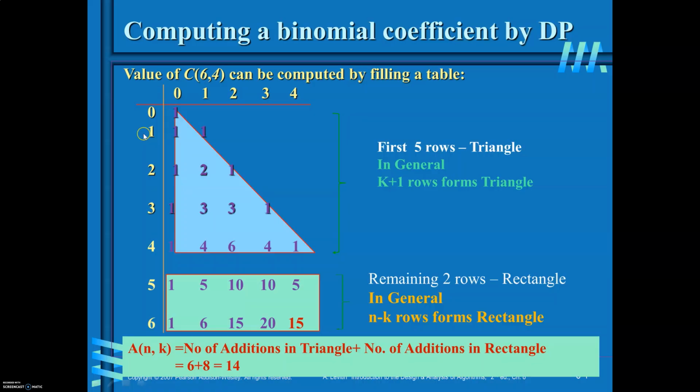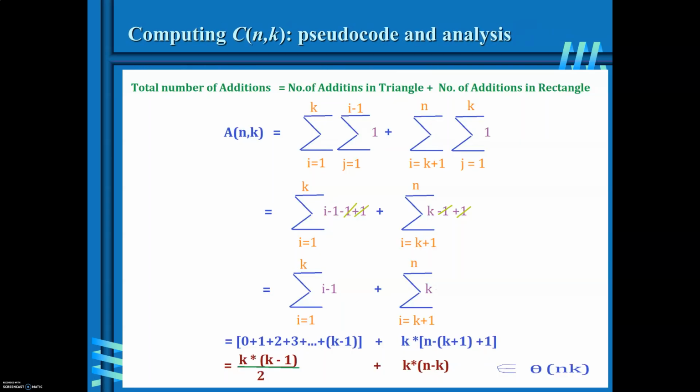Vary the row, that is i, from 1 to k and j from 1 to i minus 1, because C(i, i) will be equal to 1. No need to find out C(i, i). You are required to find out till i minus 1. So j should be varied from 1 to i minus 1. So that is what is being written here. i is varied from 1 to k and j from 1 to i minus 1, and in each iteration we will be carrying out one addition.